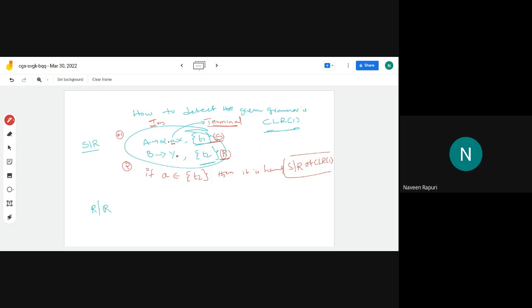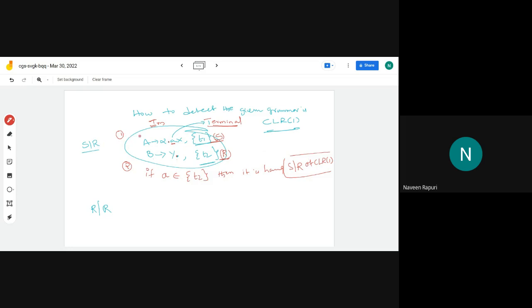If it satisfies both these rules, then we can say that it is not a CLR1 grammar. Otherwise, even though there is a shift reduce conflict like this, if it is not satisfying this condition, we can say that it is a CLR1 grammar.